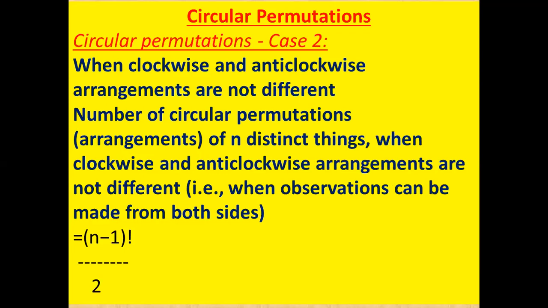It doesn't matter whether you wear it in a clockwise or anti-clockwise direction, that is the same. So in that case, we just divide the formula by 2. So this is case 2 of circular permutations, when clockwise and anti-clockwise arrangements are not different. The number of circular permutations of n distinct things in this case would be factorial n minus 1 upon 2.